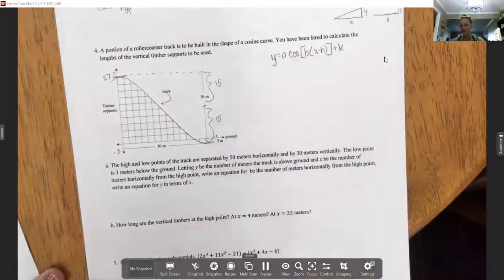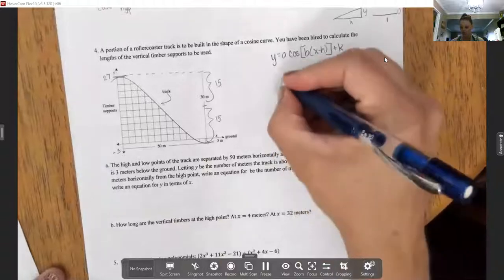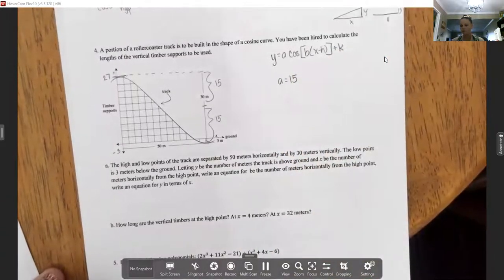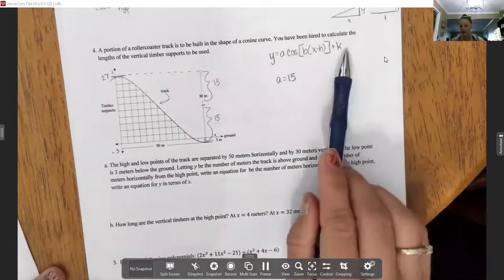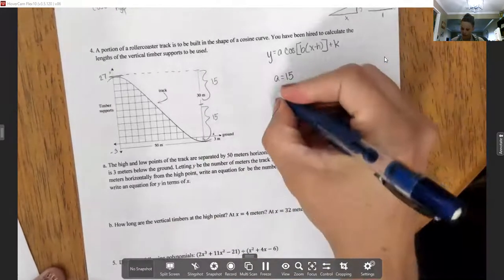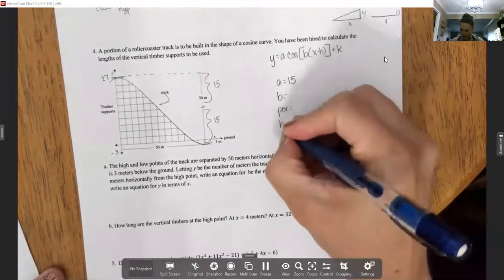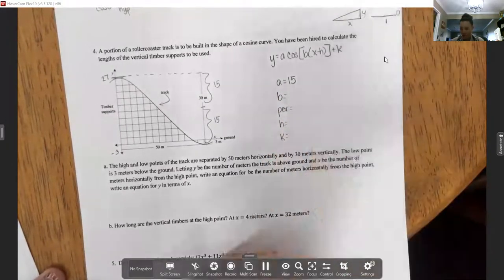That tells us our A value, our amplitude, is 15. That's going to help us find K. So we have A, B, P or period, H, and K.